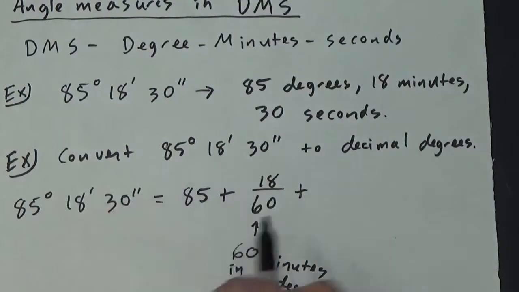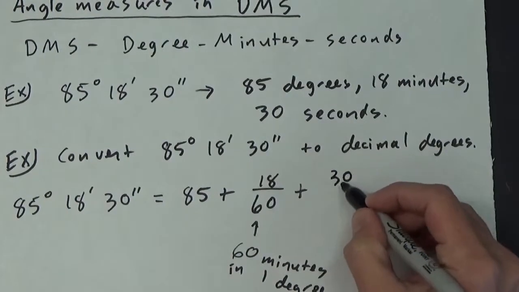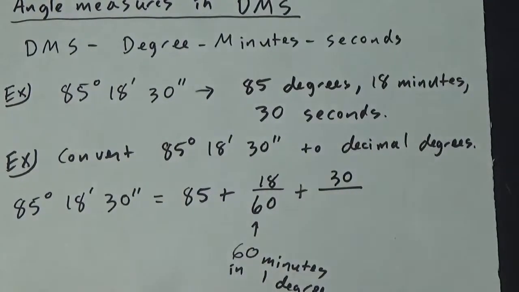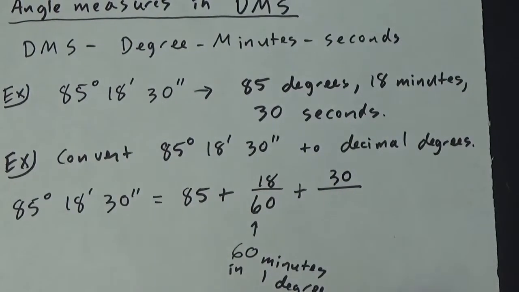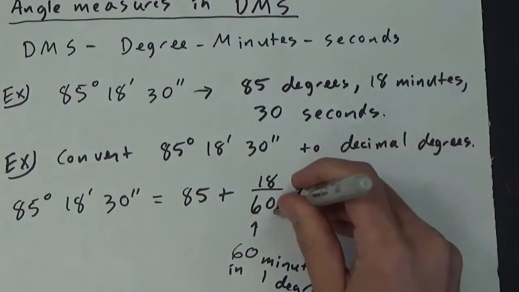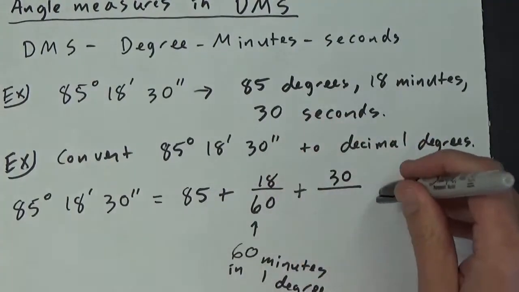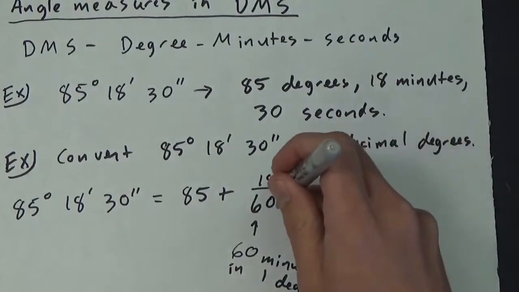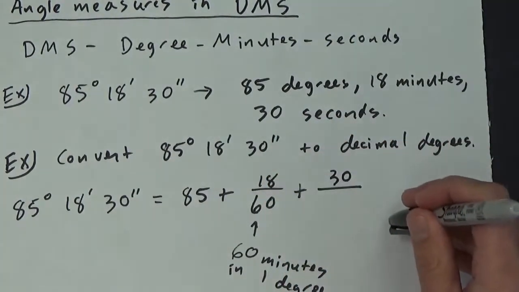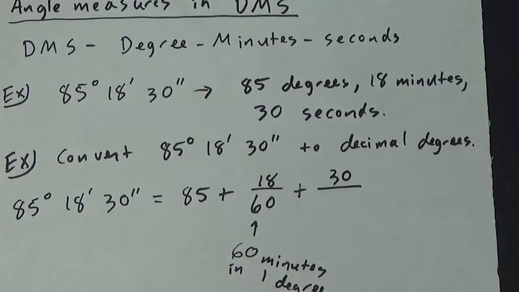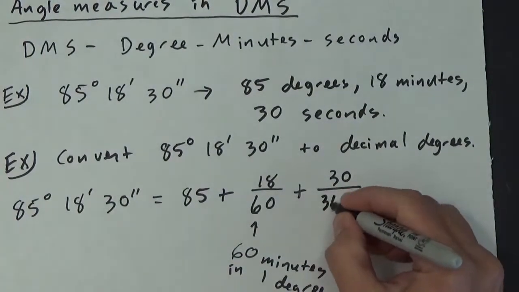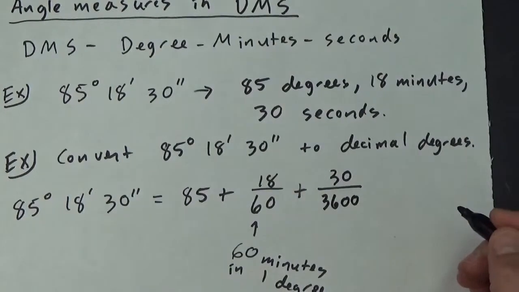All right, now we have to convert the seconds into degrees. And be careful with this. You have 60 minutes in 1 degree, and then there are 60 seconds in 1 minute. So if you have 60 times 60, that is going to be 3,600.